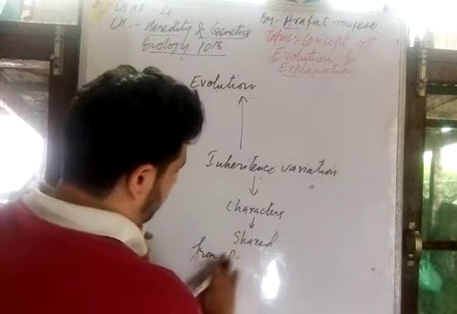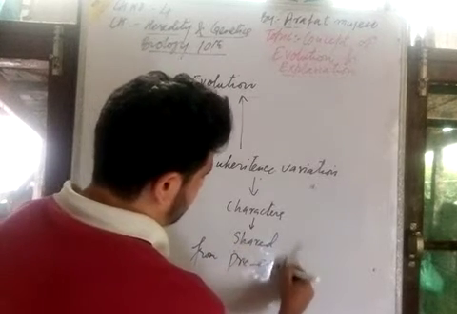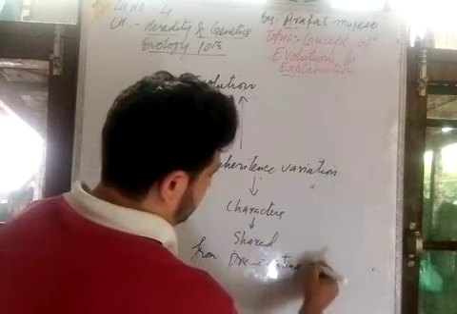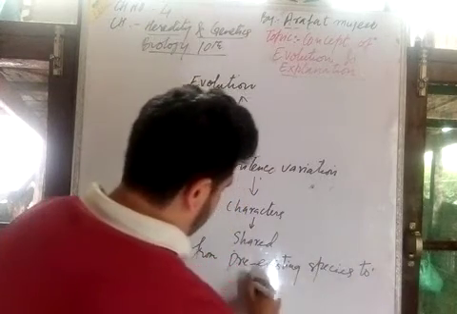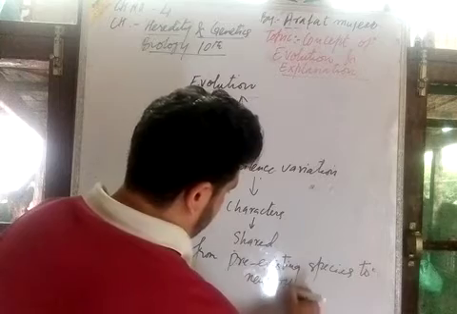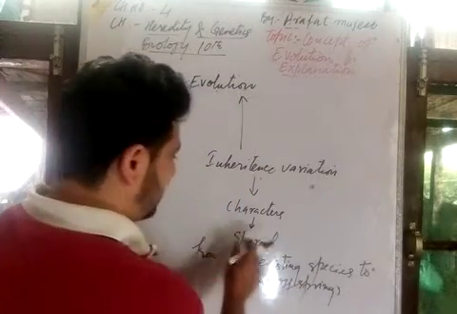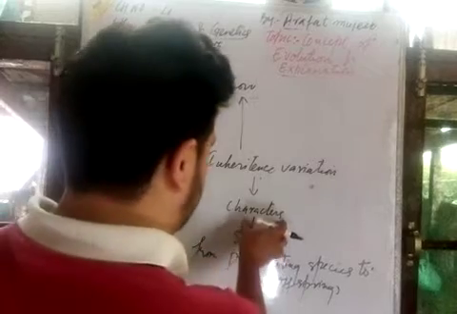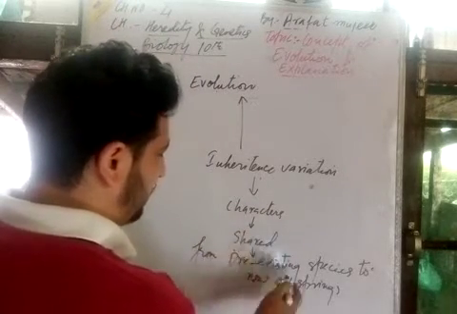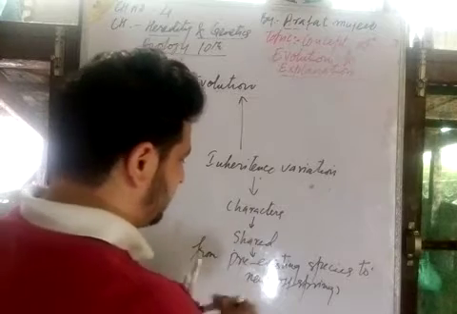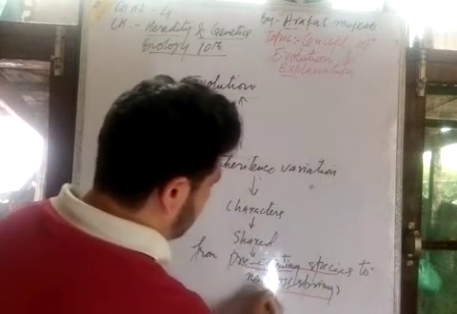That is shared from pre-existing species to new offsprings, when there is a sharing of the characters. कहाँ से share होता है, from pre-existing species से, pre-existing species to a new species.